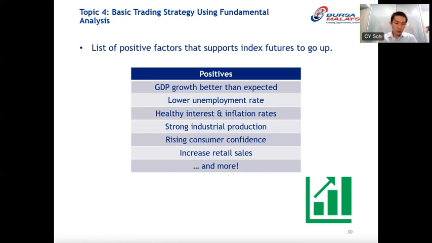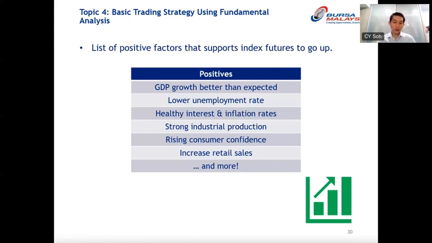Strong industrial production. When you see data, for example manufacturing PMI data, showing an increase in industrial production, it reflects higher manufacturing productivity and is considered a positive sign for economic growth. Rising consumer confidence.